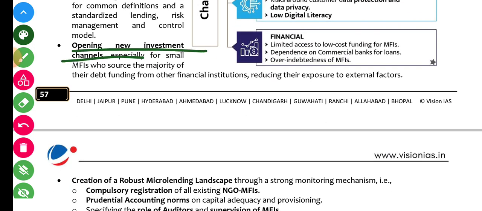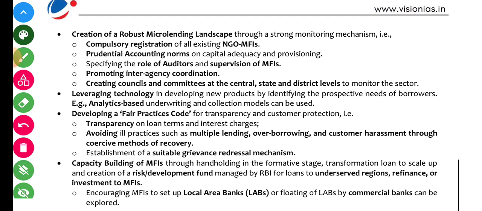Opening new investment channels, creation of a robust micro lending landscape, such as compulsory registration of all existing NGO microfinance institutions, prudential accounting norms on capital adequacy and provisioning, specifying the role of auditors and supervision of microfinance institutions, promoting interagency coordination, creating councils and committees at the central, state and district level to monitor the sector, and leveraging technology in developing new products by identifying prospective needs of borrowers.